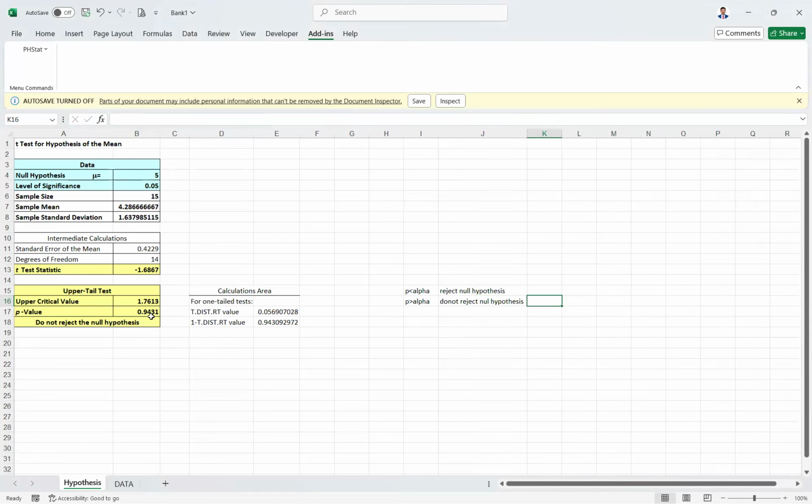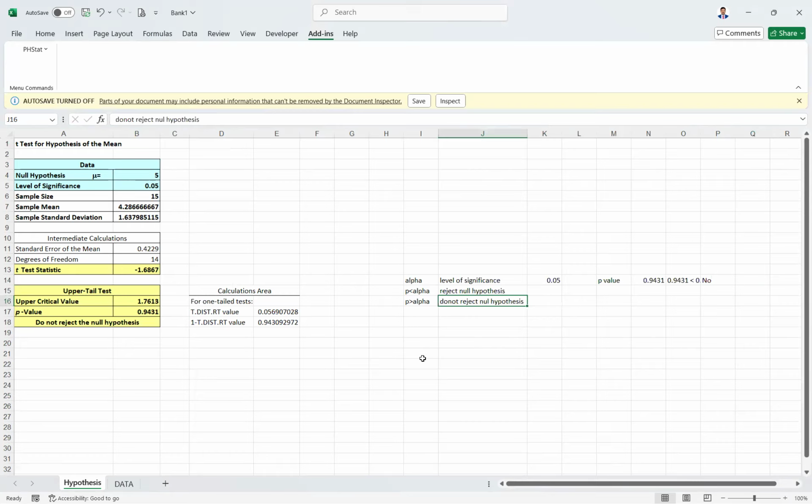What is the p-value here? 0.9431. What is alpha? Alpha is nothing but the level of significance. As per the question, alpha is 0.05. Now the p-value is 0.9431. Is 0.9431 less than 0.05? No. Which means do not reject the null hypothesis.